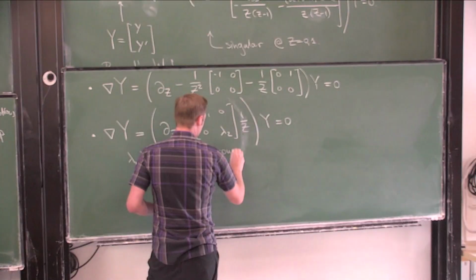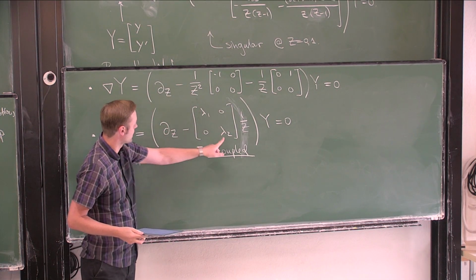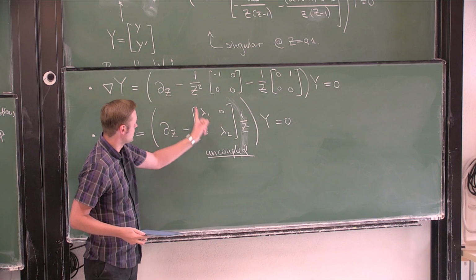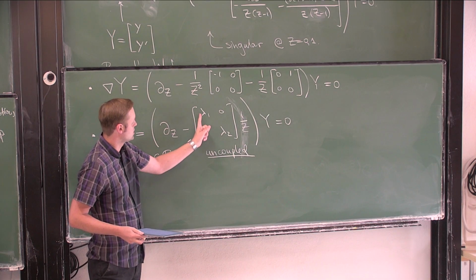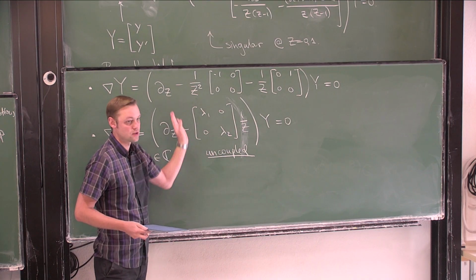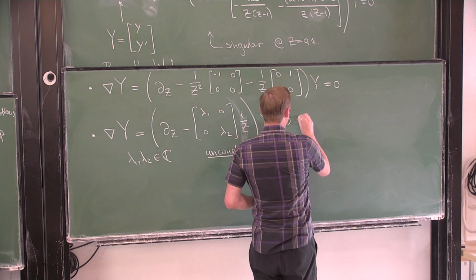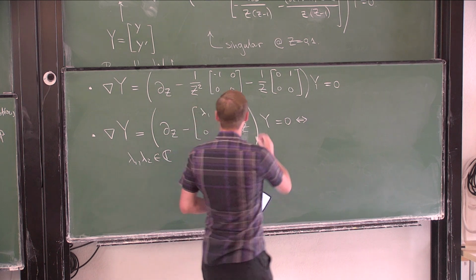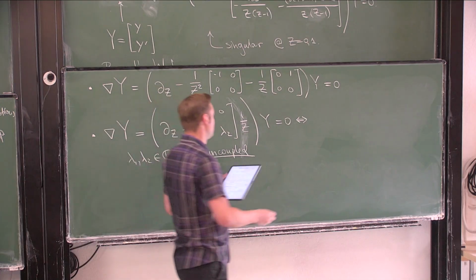So the cool thing about this is that this is uncoupled, as I said, which means the matrix is diagonal. And so that means that even though this is a system of size 2, the two first order equations that make up this system actually are not interacting. So I can just solve them separately and get a solution. I promise this is going to be more or less the most difficult differential equation we'll solve in this mini course.